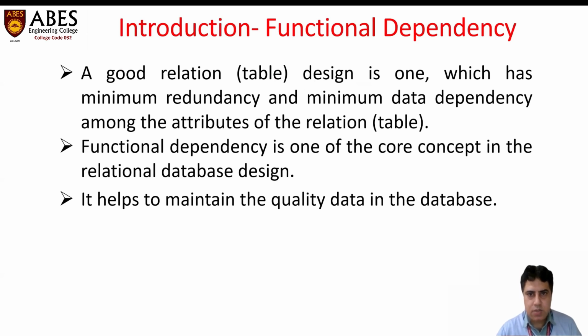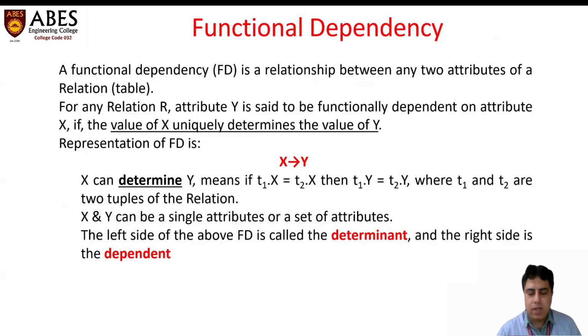A good relation or design is the one which has minimum redundancy and minimum data dependency among the attributes of the relation. Functional dependency is one of the core concepts in relational database design. It helps to maintain quality data in the database. Now we have to understand what a functional dependency is.